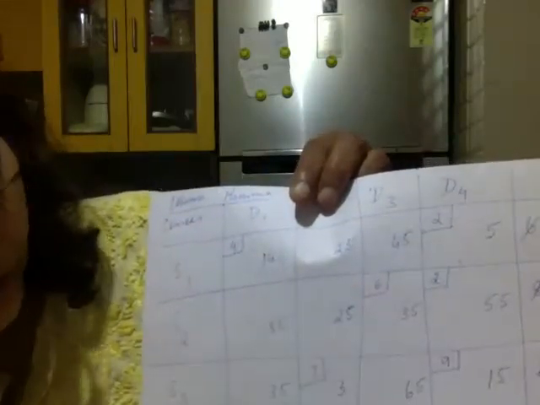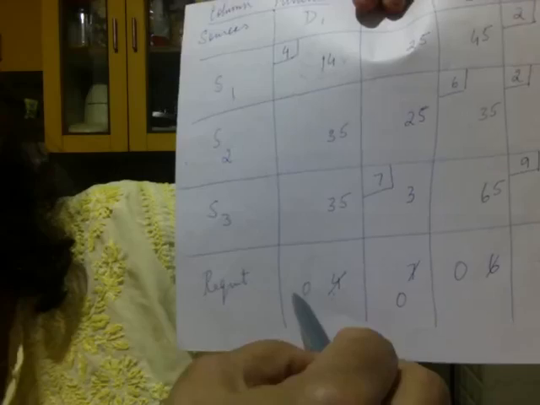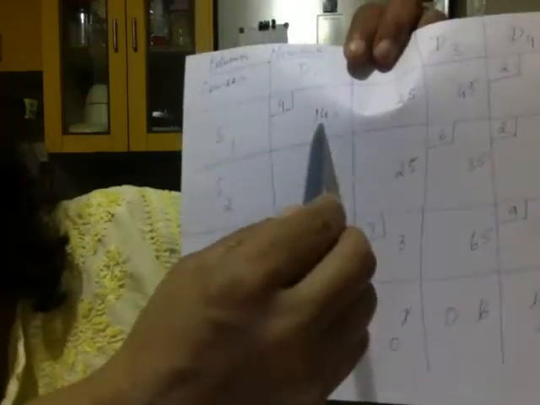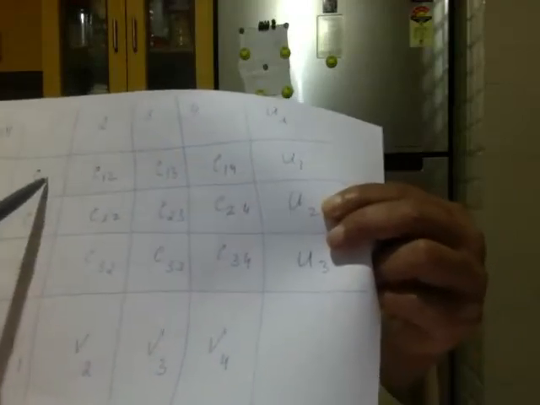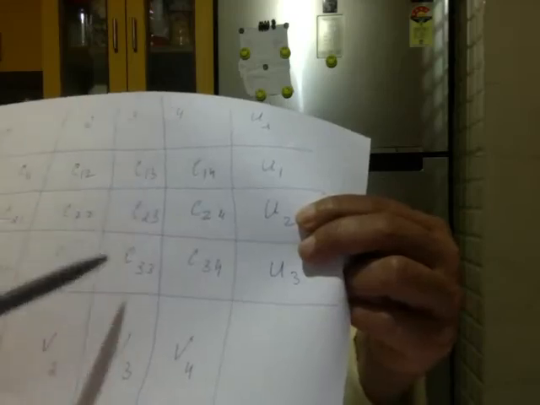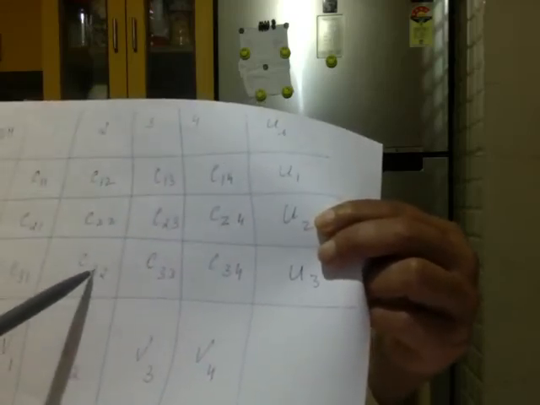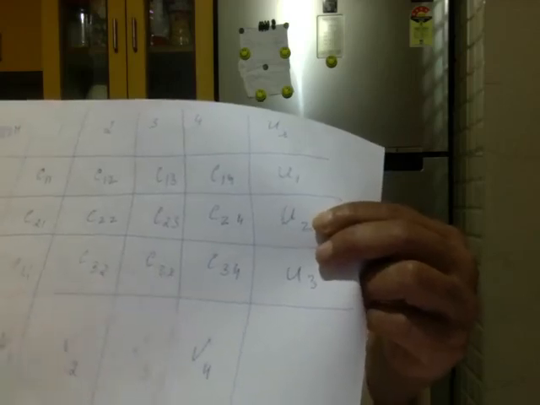At the end of this, here you had V1. So you can say U1 plus V1 is 14. Plus this one is C11. This is C12, C23, like that. Assimilate this. This is C32, this is C33, etc.